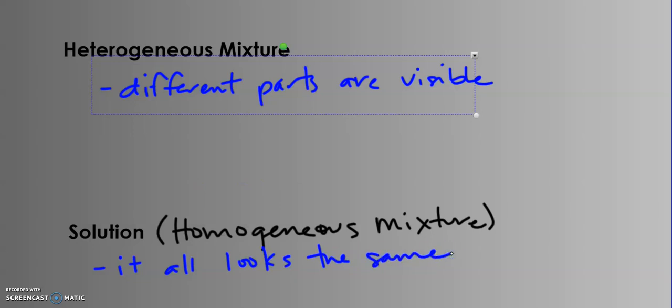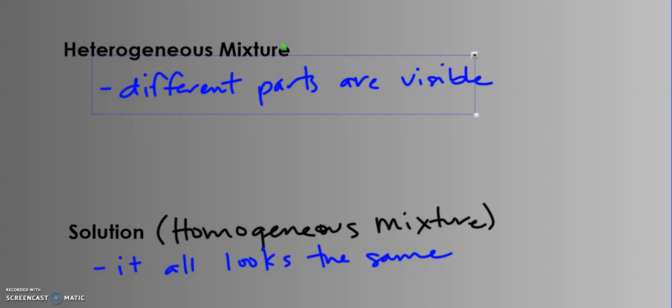That's where those terms heterogeneous and homogeneous come from. The prefix hetero means different. We get different parts. Different things are visible, different layers, different colors, different sizes, shapes. Solutions or homogeneous mixture, the prefix homo means the same. So that means everything looks identical.